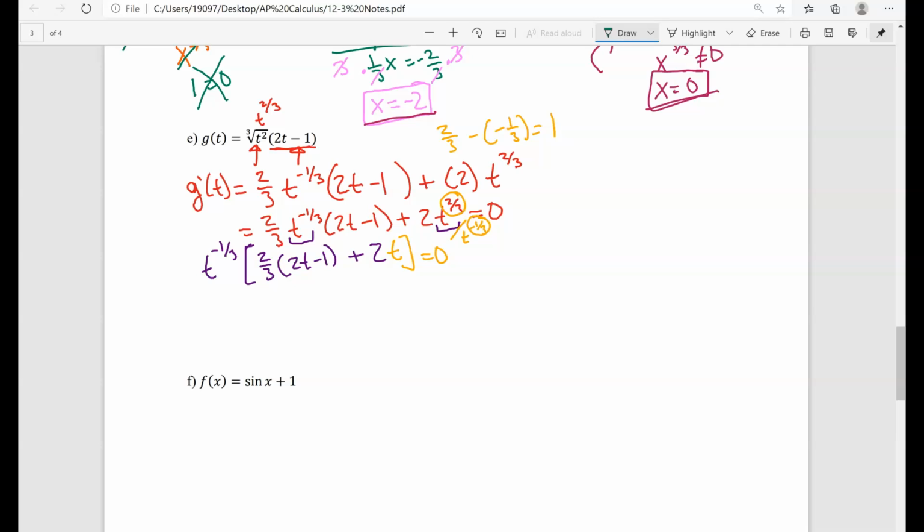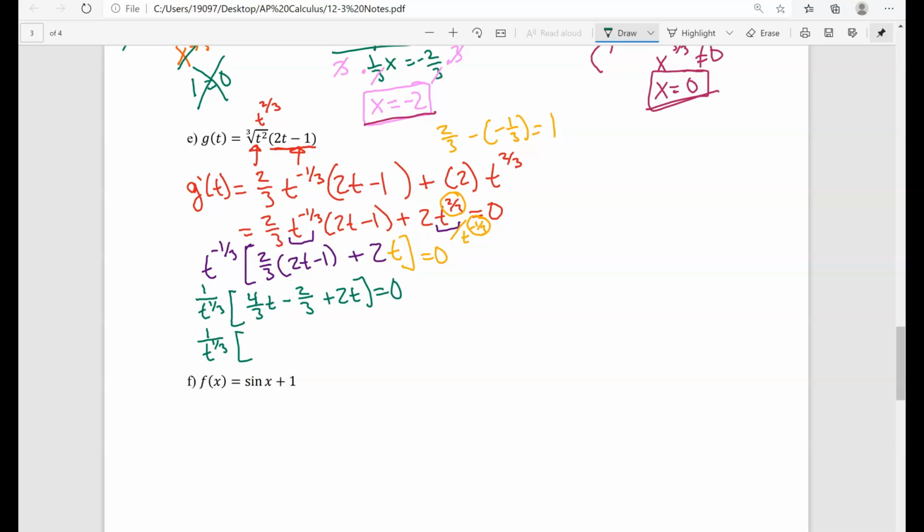So I have, this guy's going to be 1 over t to the 1/3. Here I can FOIL this guy out. So I'm going to get 4/3 t minus 2/3 plus 2t equals 0. And I'm still going to get 1 over t to the 1/3.